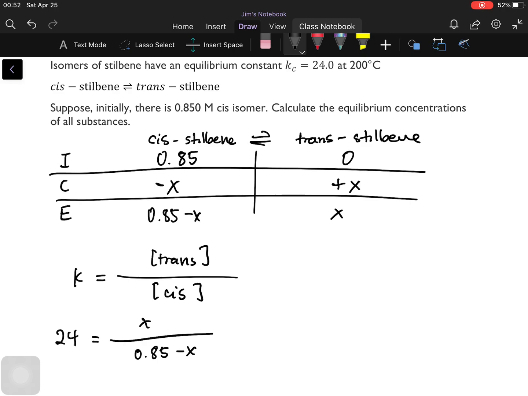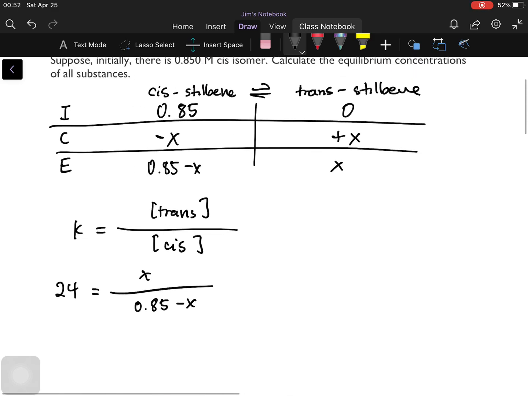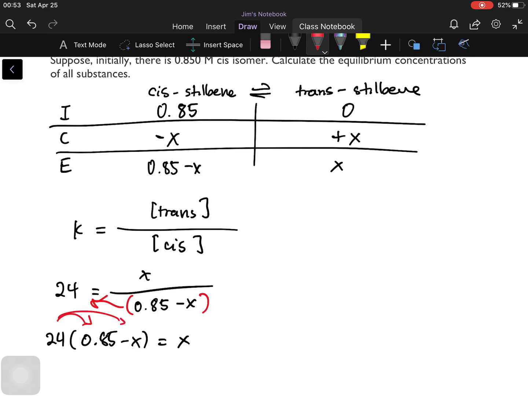So what's next is that we're going to solve for the value of x. This is just a little bit of algebra. We're just going to cross multiply, so we'll get 24 times 0.85 minus x equals x. We distribute 24 inside the parentheses, so we get 20.4 minus 24x equals x.